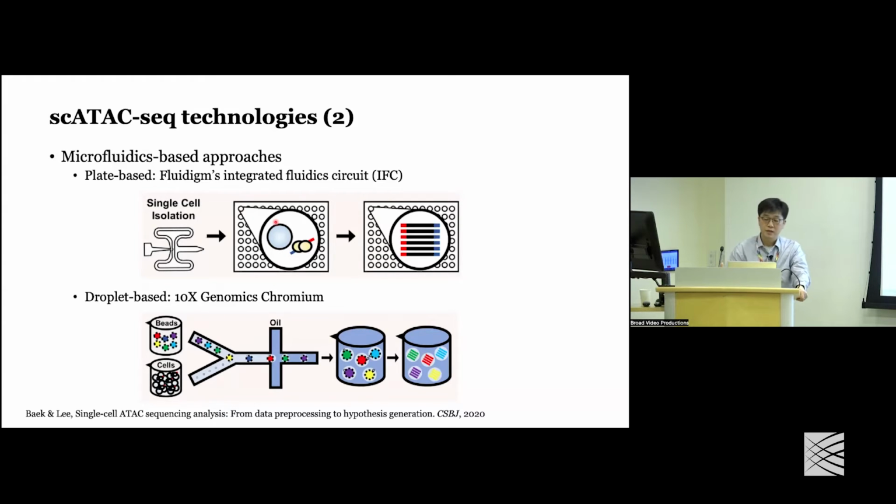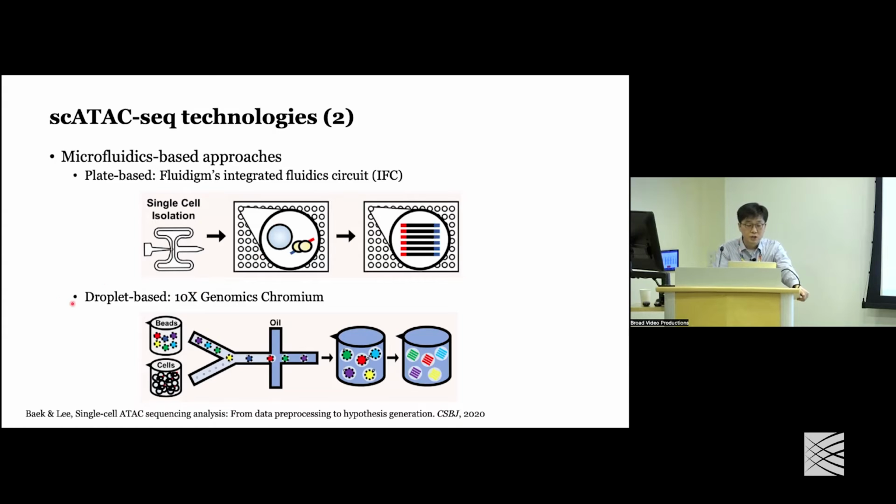This can generate really high quality reads per cell, but the throughput is really limited because the maximum number of cells that you can evaluate per experiment is the number of wells in a plate, which is typically 96 or, at a bigger scale, 384.